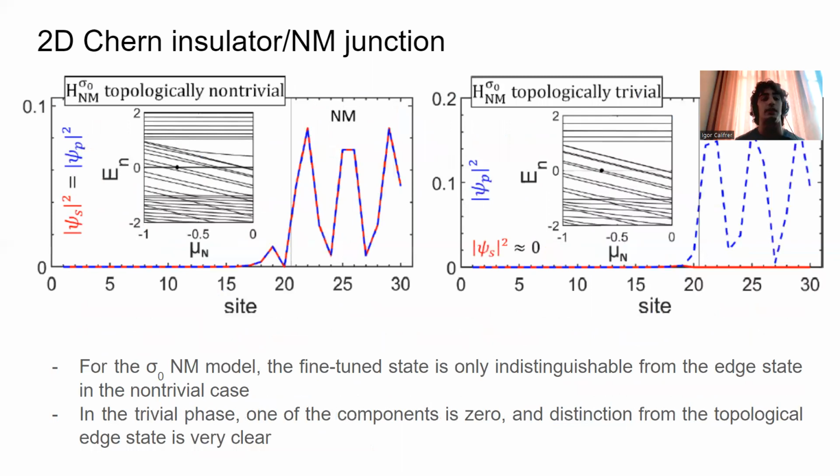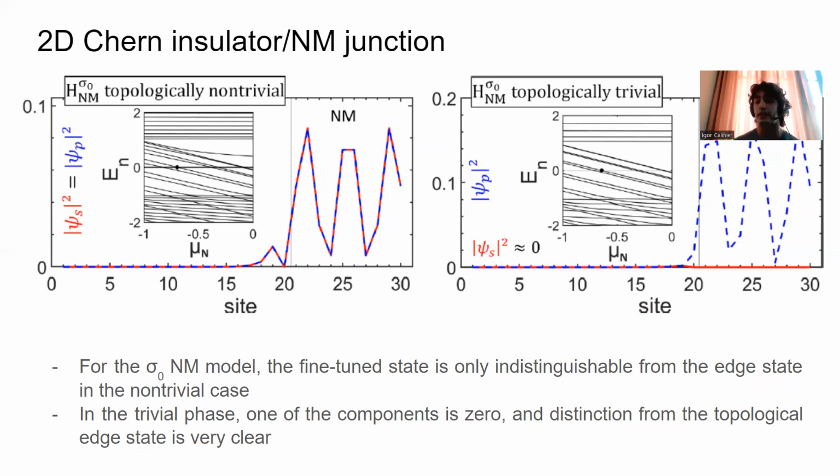So first, for the sigma zero normal metal, here I put already the topologically non-trivial and trivial cases. For the topologically non-trivial case, you see that the state that crosses zero energy, which is marked by a black dot here, has the same S and P components, meaning that it cannot be distinguished from the topological edge state.